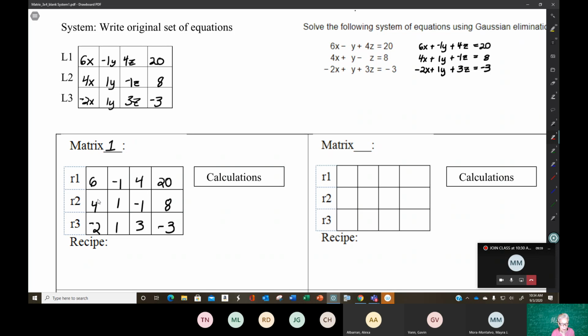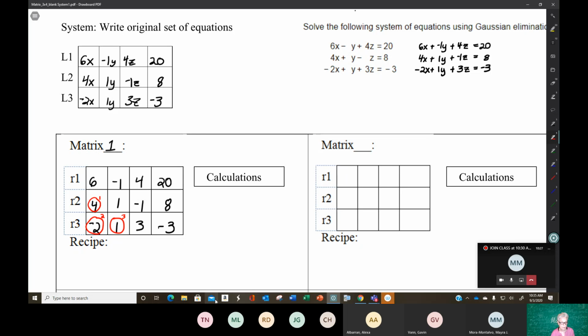The very first goal we have is to take this 4 and turn it into a 0. That little 1 means it's our first 0. Our second 0 is going to be here. And our third 0 is going to be here. And then we back solve.